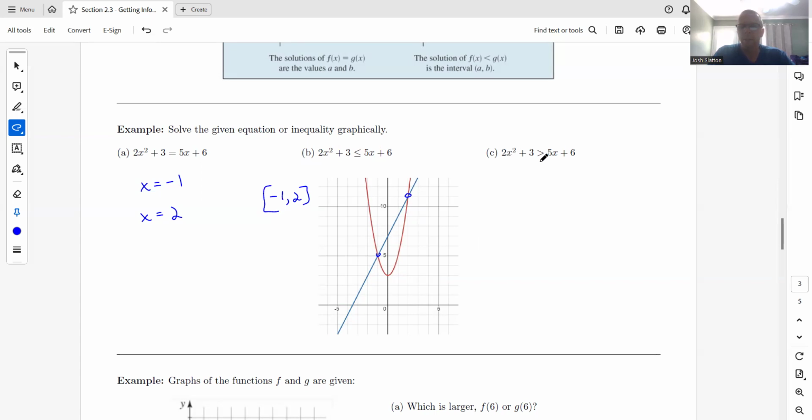Here, we don't have the equal part. We want to know where the 2x squared plus 3 is above, on the graph, 5x plus 6. So all of this part, from -infinity all the way to -1, union 2 to infinity. So after this point, the quadratic will always be above.